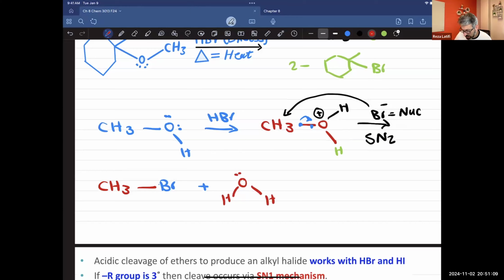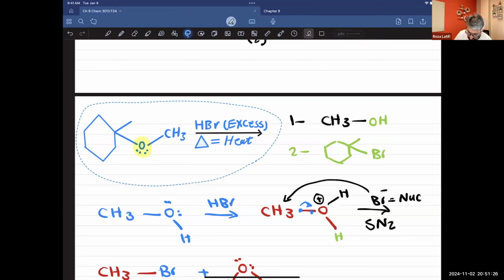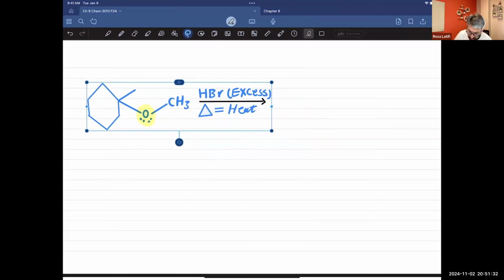Okay, so technically, I removed this oxygen atom, and I just simply attached the iodide or bromide to both of the carbons. So let's write the final product. The final product will be this. Okay.